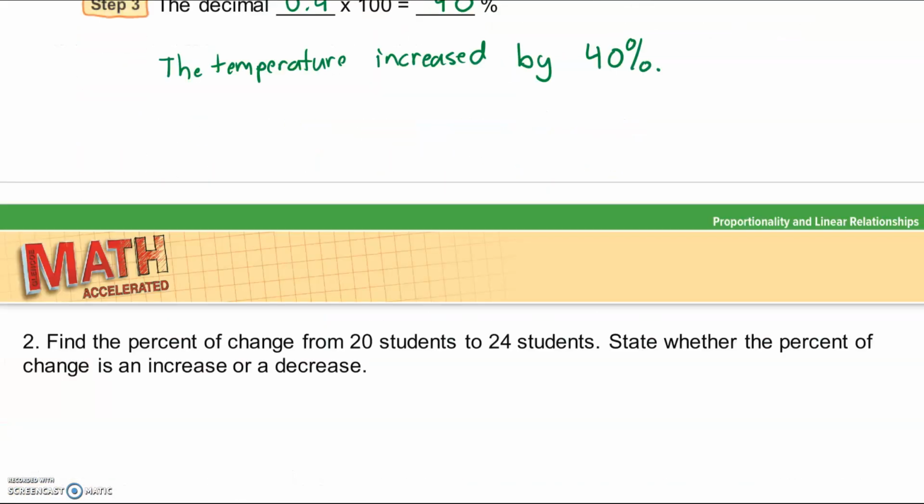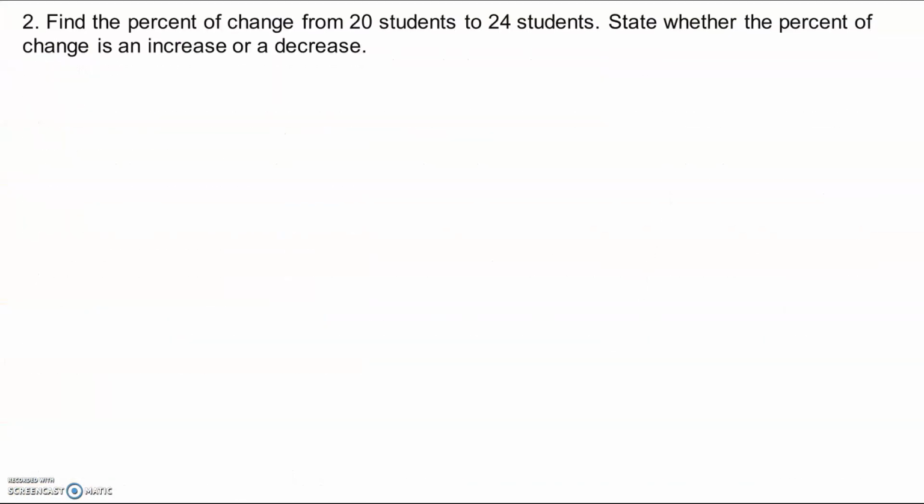All right, moving on. So now let's practice another example. Find the percent change from 20 students to 24 students. So step 1, we need to find the amount of change. So we're going to use subtraction. 24 minus 20 gives me a change of 4 students. So that's our change.